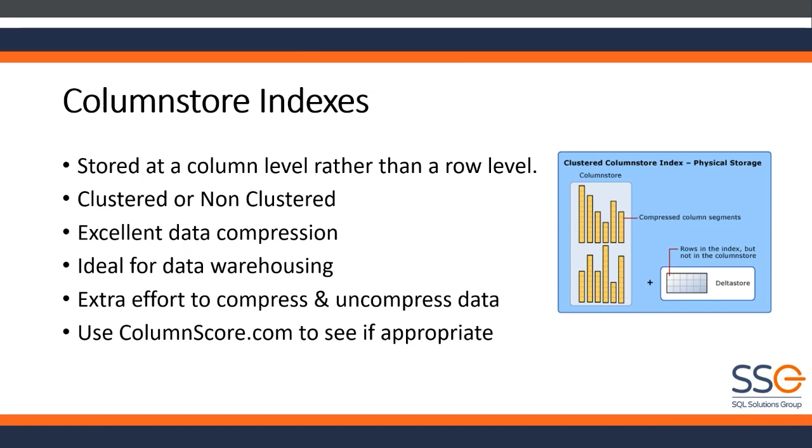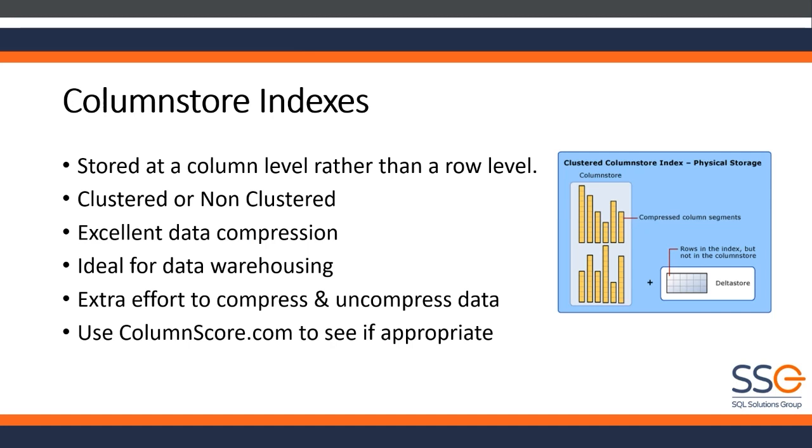Now, most indexes are stored at a row level. So you insert a row of data, it stores it as a row of data. What column store does is fundamentally store that differently. Now, you can create this. I mentioned clustered indexes earlier. You can create a clustered column store, which again fundamentally changes how your data is stored on disk.